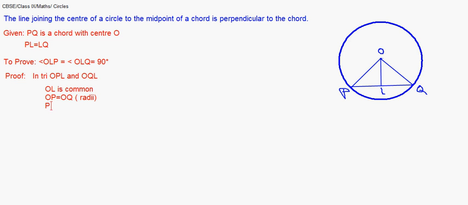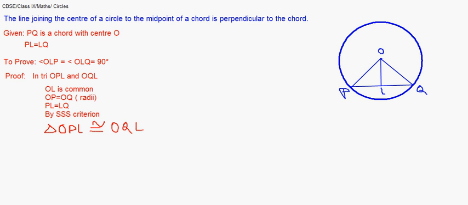And now it is given PL is equal to LQ, thereby making these two triangles congruent by SSS criterion. So I write, these two triangles are congruent. Triangle OPL is congruent to triangle OQL.